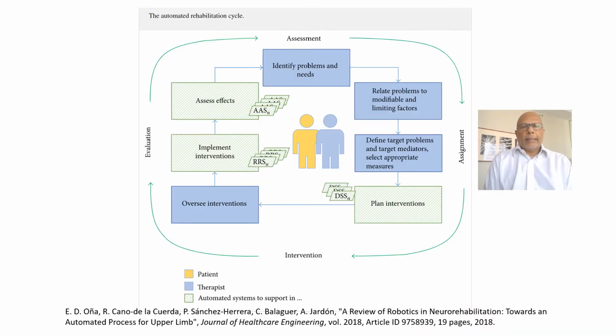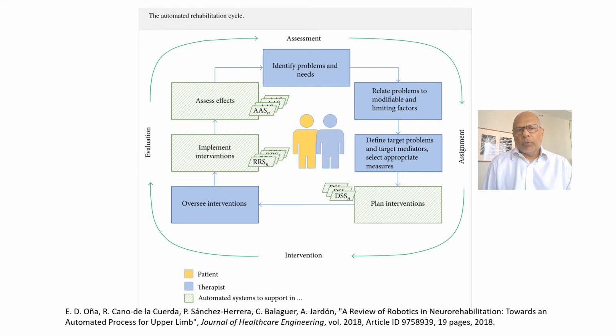If you look at the rehabilitation cycle, it basically involves an assessment of the patient to identify the patient's problems and needs, and from that, through a decision process, generating various intervention plans, and agreeing together with the patient on certain goals to achieve, then evaluating whether the goals have been achieved, and then going around in a cycle.